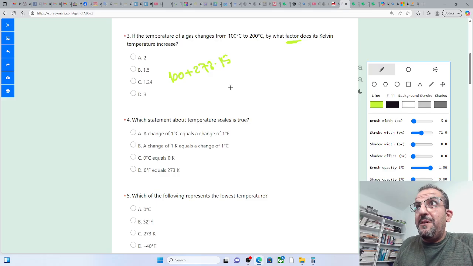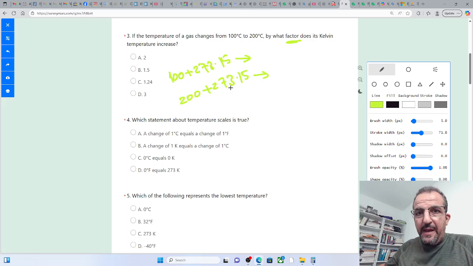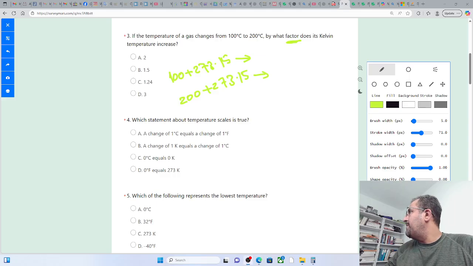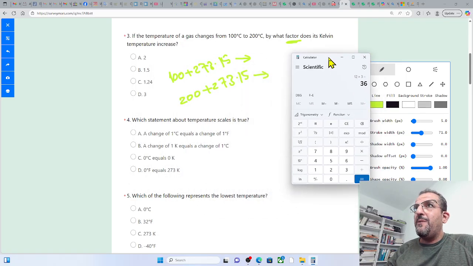That's going to give me the Kelvin from 100 Celsius, and I have here 200 plus 273.15, and that's going to give me the Kelvin from the 200. Let's take a calculator and calculate them. Here is a calculator, guys.